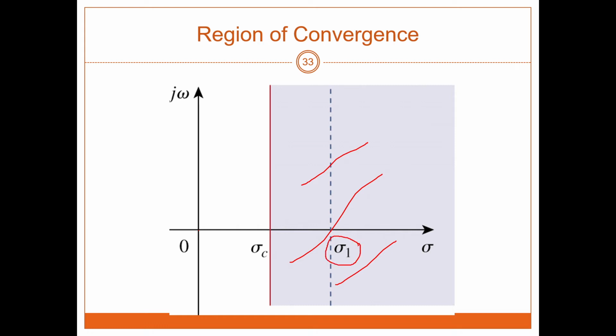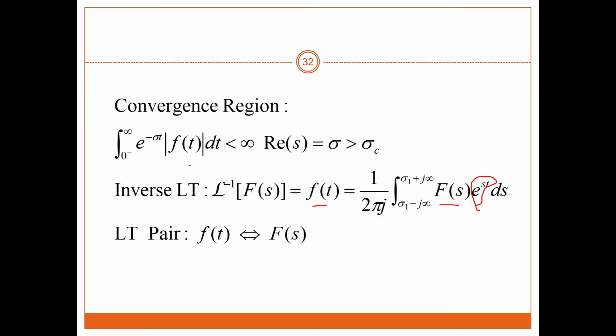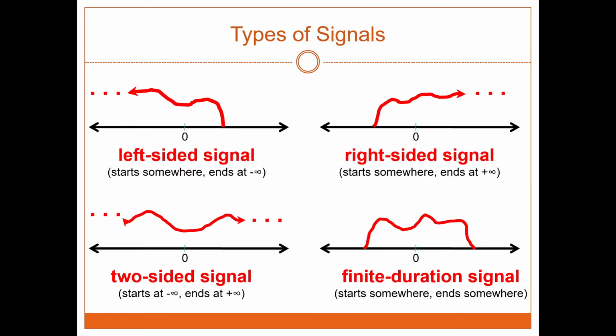So from here we can know the region of convergence, and the values are located from the equations. There are a few types of signals for the region of convergence.